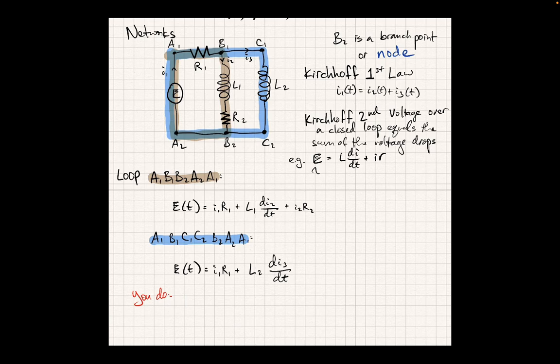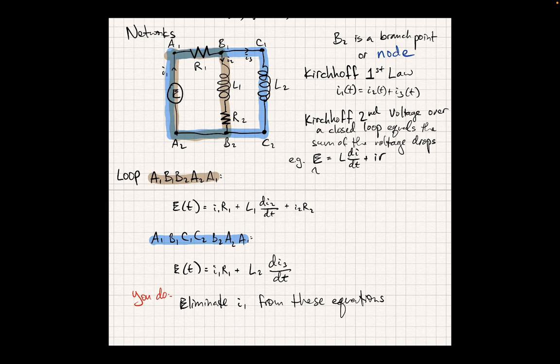So you do this part. They first have to be equal to each other. So what do you get?